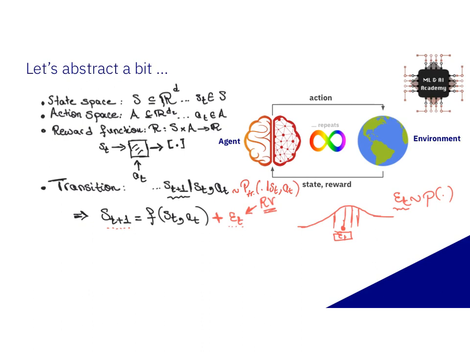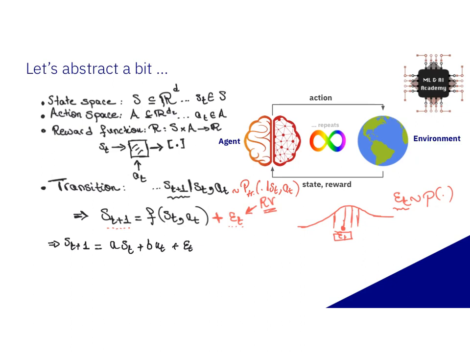So maybe I can illustrate this a little bit better by assuming, let's go through a simple derivation of some linear equation. So we're going to say that, okay, imagine that my st plus 1, my next state, let's say for now it is a one-dimensional vector. So that means that d is equal to 1 in this scenario. And let's say that this is going to be some equation which is a st plus b at plus some noise, as we said there, right?